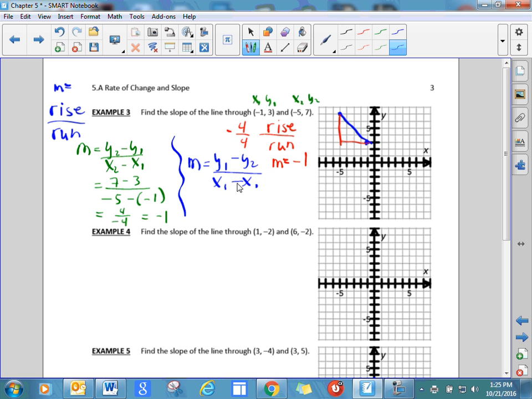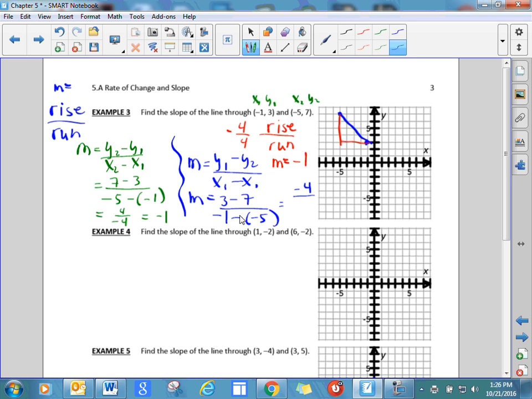Let me show you how this plays out. So this becomes y1 is 3, y2 is 7, so 3 minus 7, over x1 is minus 1, x2 is minus 5, minus 1 minus a minus 5. This becomes minus 4 over positive 4.